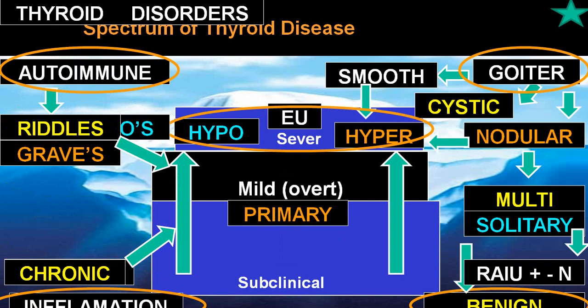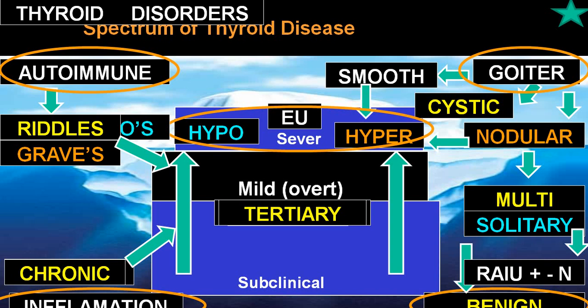Etiology wise, you can have a disorder of the thyroid gland itself, primary. It can be secondary, either due to pituitary or hypothalamus disorder, or because of extrathyroid causes like malignancy, ectopic thyroid glands, ectopic secretion of TSH, etc., which can produce disorders.